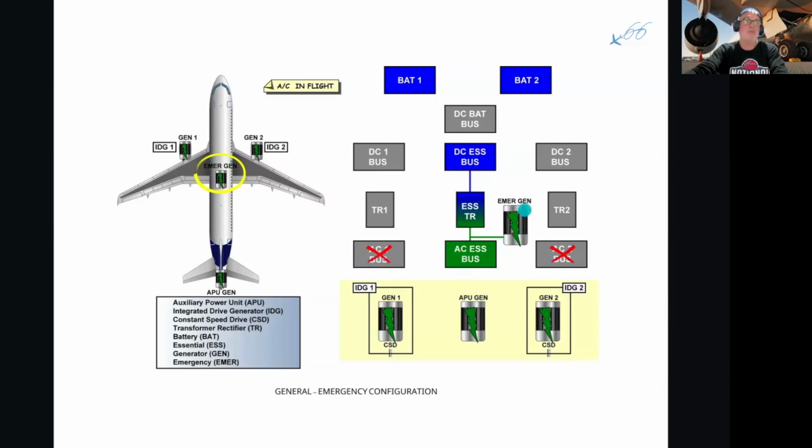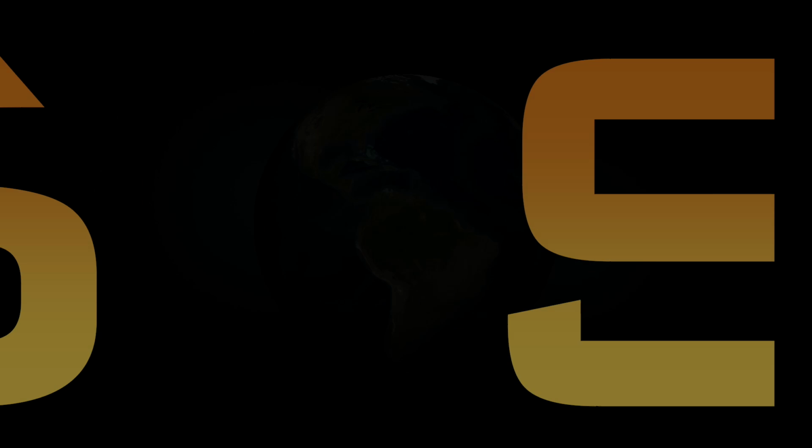So the emergency generator will supply the AC essential bus, and the AC essential bus will provide its essential transformer rectifier unit with some AC, and that will be converted to the DC essential. And of course, I will always have the two batteries. So we can see here a lot of different combinations of electrical power, and it's highly unlikely that an aircraft will have no power whatsoever.